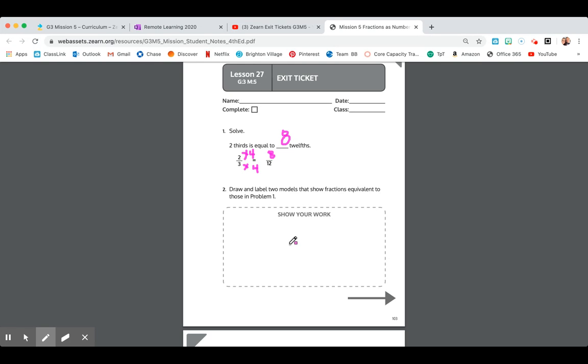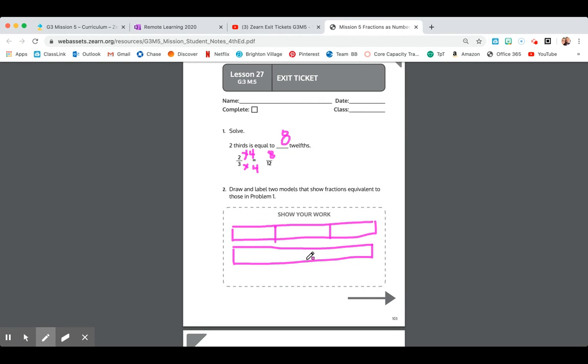It says draw and label 2 models that show fractions equivalent in problem 1. So I can definitely do that. I'm going to draw 2 equally sized objects or wholes. So these are equivalent wholes. They each represent 1 whole. In my first whole, I'm going to split into thirds.